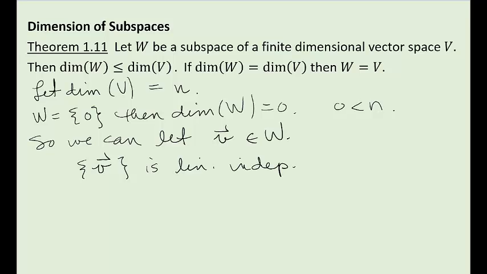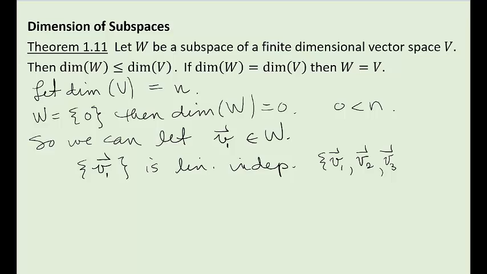Any set of one vector is. So I can choose another vector, any one that isn't a multiple of v1, and put that one in. And that set is linearly independent. And we can continue choosing vectors that are linearly independent with the ones that we've already put in.